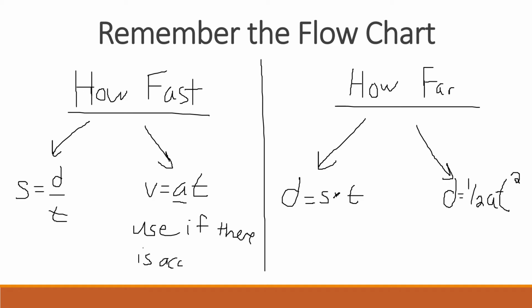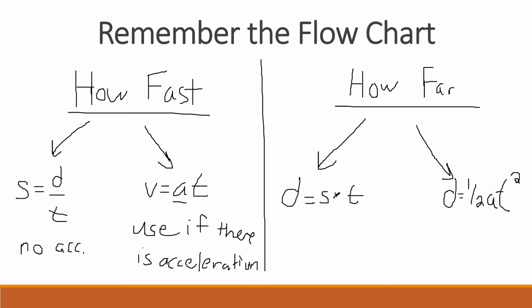If you read a problem and you don't see the word acceleration and you don't see the unit for acceleration, then you have to use speed equals distance over time. So no acceleration is speed, yes acceleration is velocity.